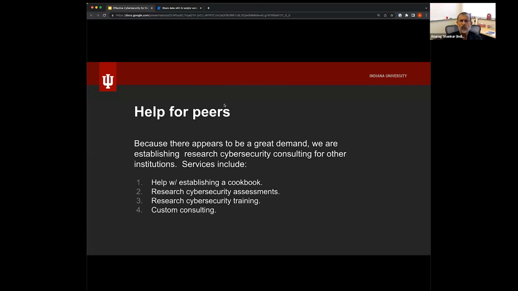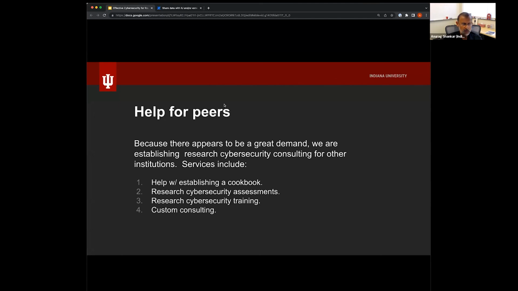One last thing, and there was one last slide. Ever since we published the paper, we have had a great deal of interest in the work that we're doing. Many people have asked us about potentially helping them stand up their own program. So what we're doing right now is providing help for peers.